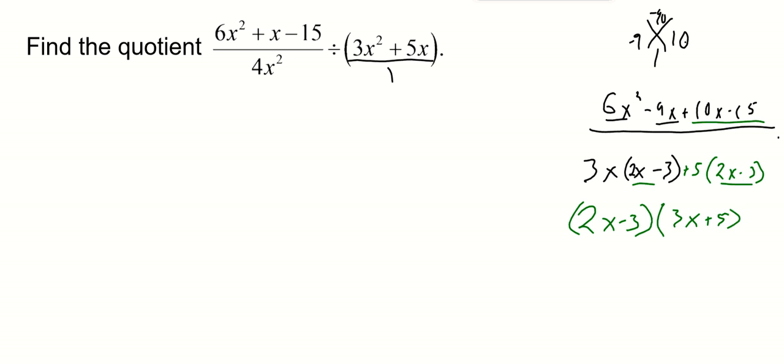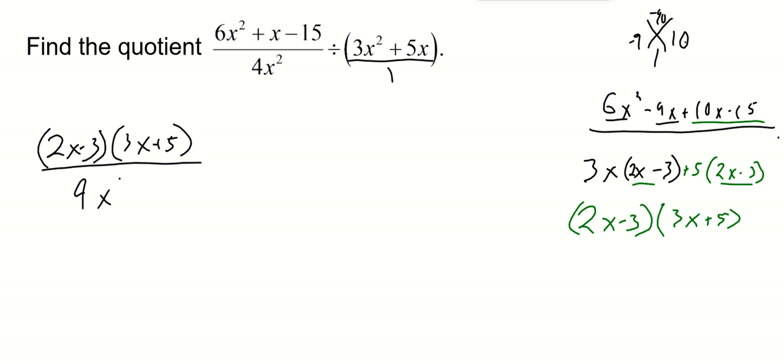Okay, so now I can use that, and that's going to be my numerator factored out, and I'm 2x minus 3 and 3x plus 5 over 4x squared. It's already broken down. And now, because I'm changing this to multiplication, I have to flip this fraction. So this is 1 over, and I'm going to factor this out, plus a common x, my GCF.